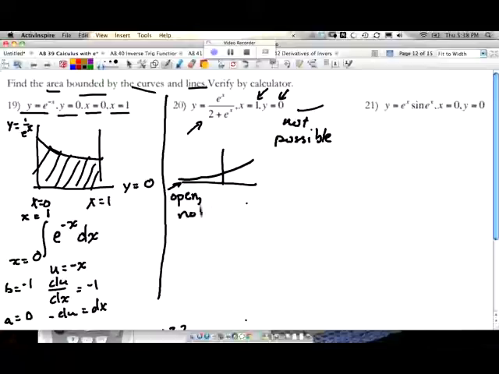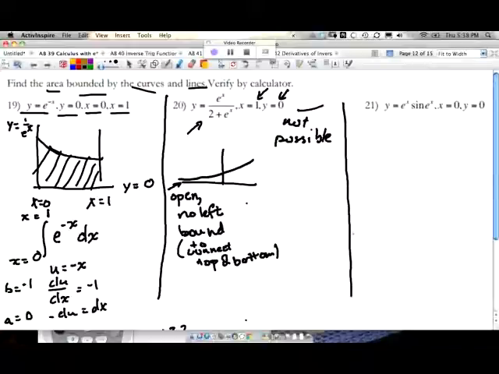There's no left boundary that connects the top and bottom. It's got to connect the top and bottom. Or maybe I'm not seeing something, maybe I plugged it in correctly, but that kind of makes sense with that type of function as well. So, not possible.